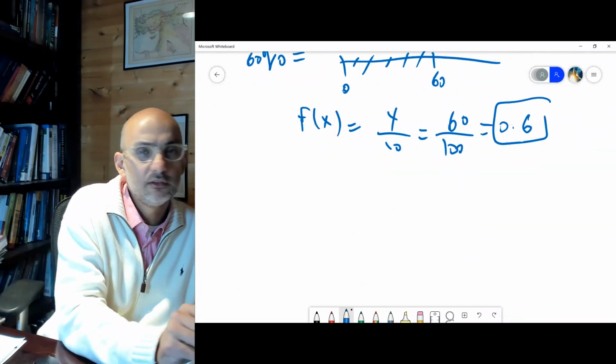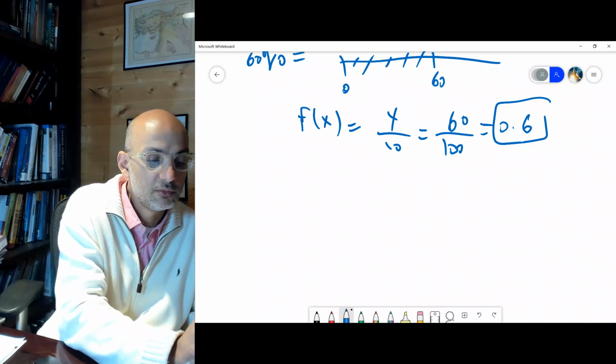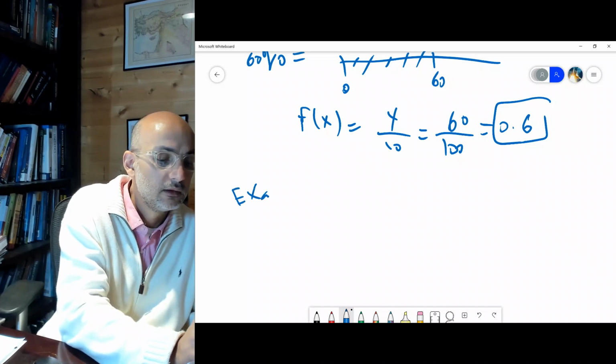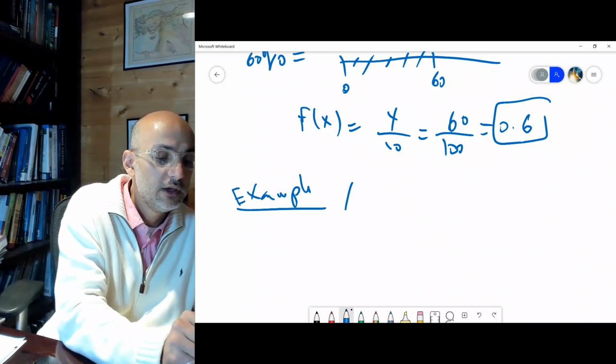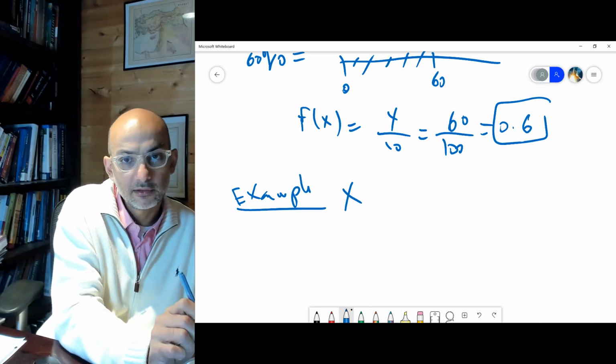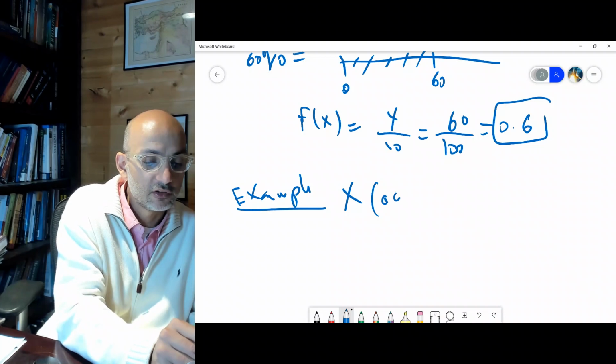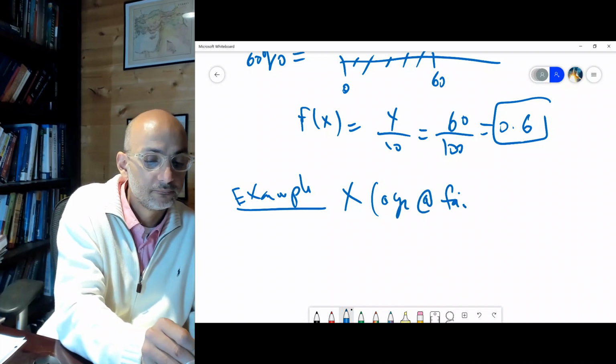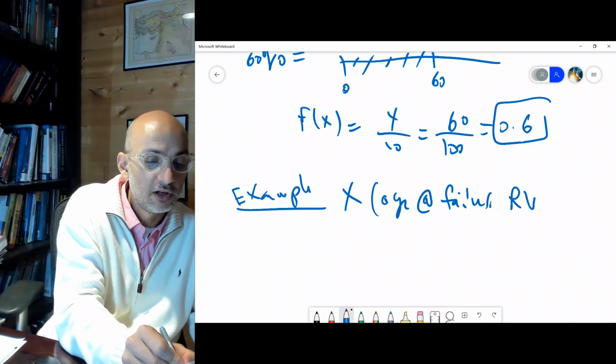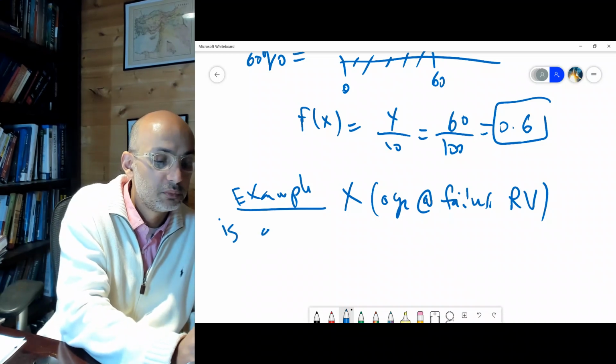What if we're dealing with other common distributions? Another example, example 2. Now x, and remember, always when we talk about x, it's age at failure, right? Age at failure, just remember. The random variable is now exponentially distributed.